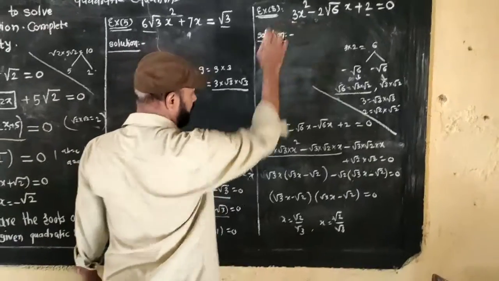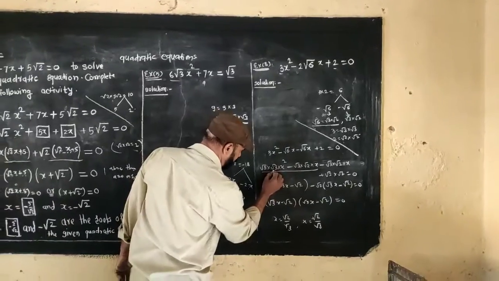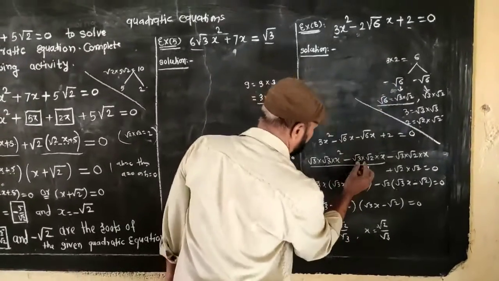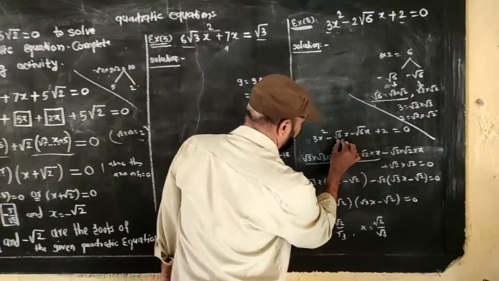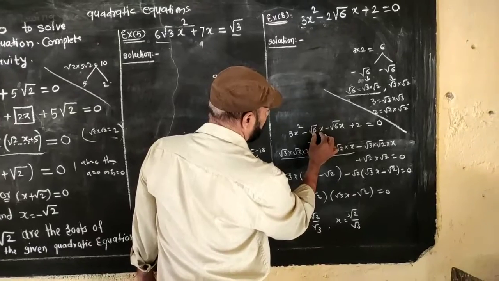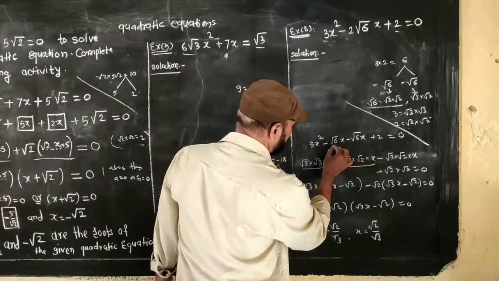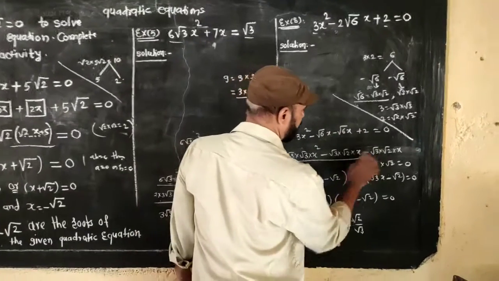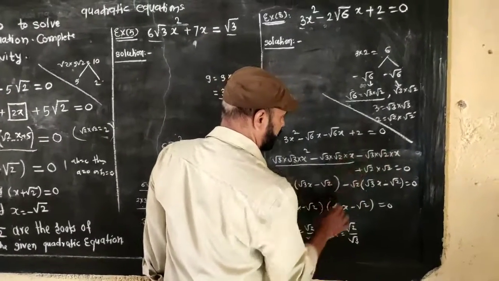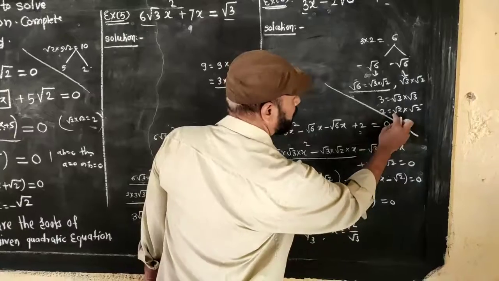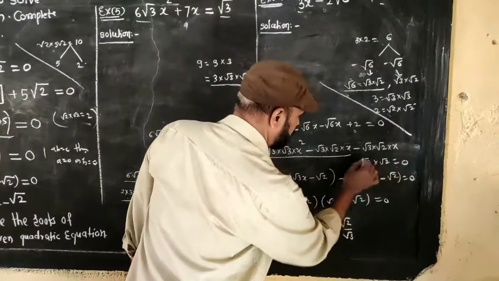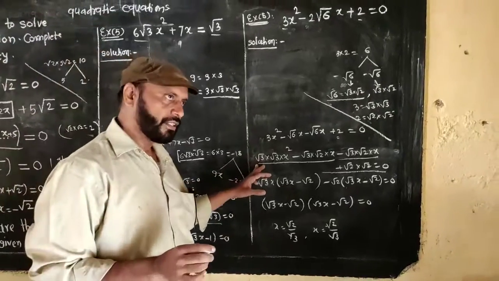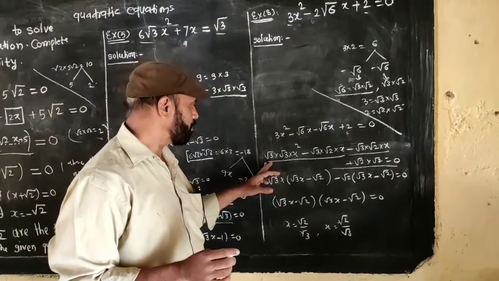In place of 3, we write root 3 into root 3. X square is as it is. Minus 2 into root 6, that is minus root 6x minus root 6x. Root 6 means root 3 into root 2 into x. Similarly, here also root 3 into root 2 into x. Plus, write this 2 as root 2 into root 2. This is the most important step here. Only this step is very important.